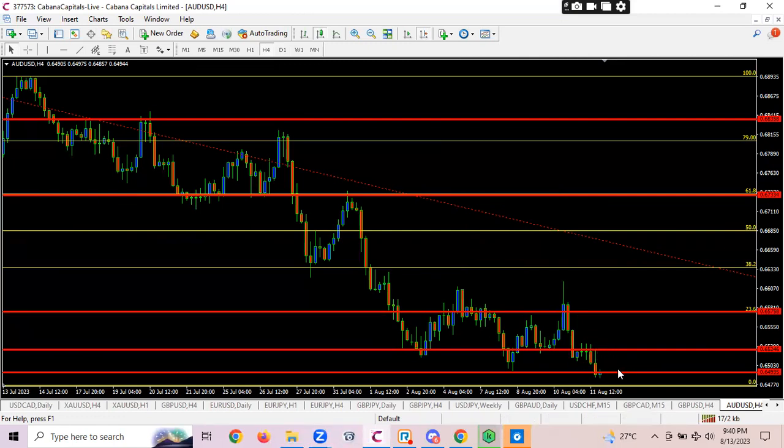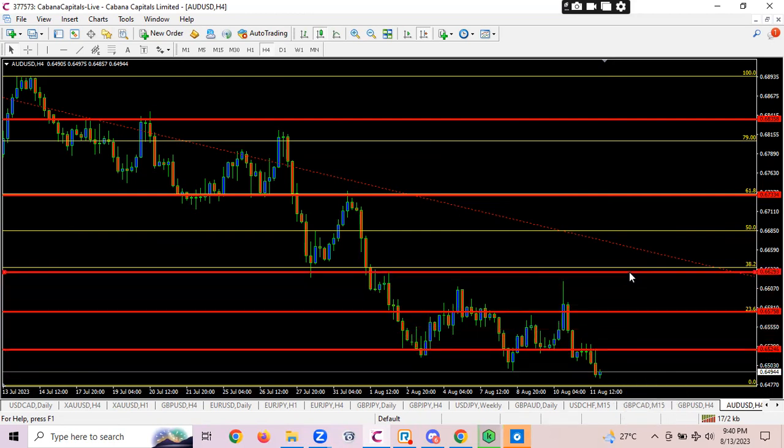As you can see, the last 4-hour candle closed as a spinning bottom, but I would suggest you wait for a candle to close above this high before you consider buying.